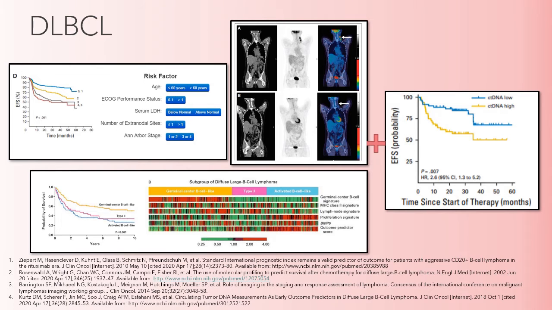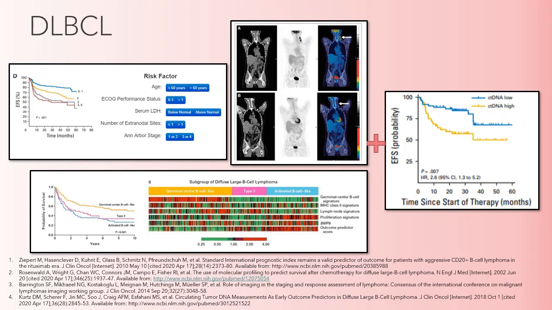The RNA expression can be classified into many groups, including germinal center B-cell or other subgroups. Germinal center B-cell has the highest survival.